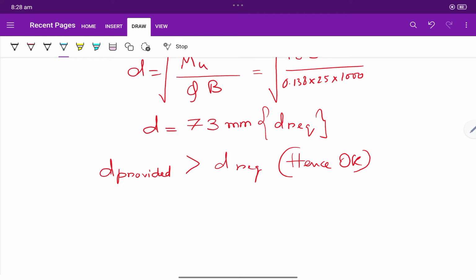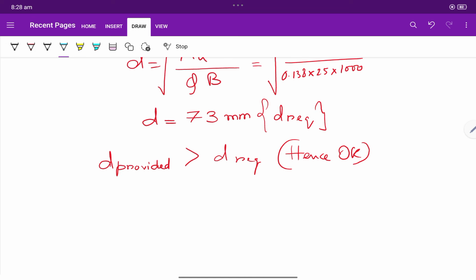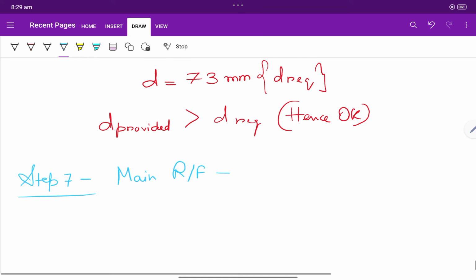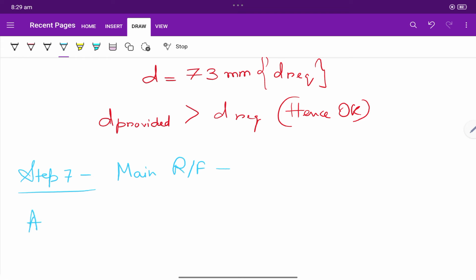Now we will calculate the area. So step 7 will be main reinforcement. Okay, so the formula for area, it is the universal formula.